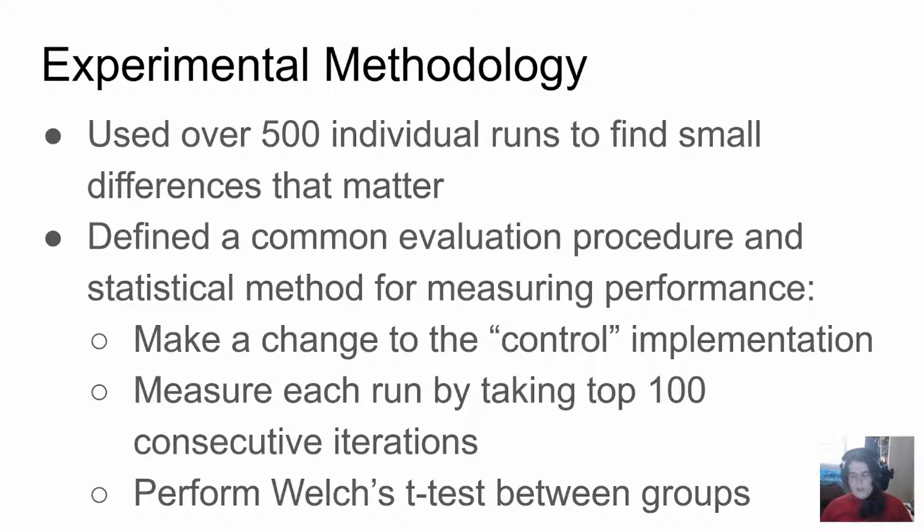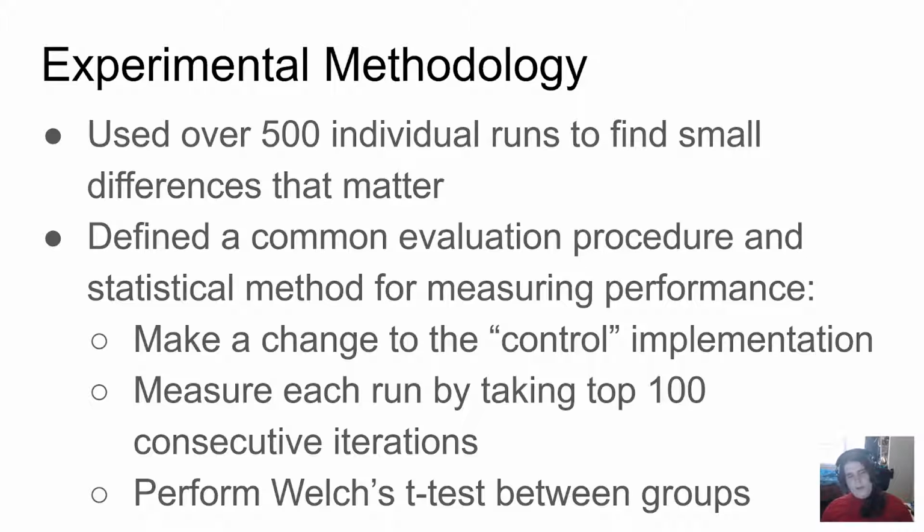In total, we end up using about 500 runs, and the general procedure we use for performing one of these experiments is we have an implementation of an algorithm that we think is fairly well tuned. It's been reviewed when possible by the original authors, and we've run tests to make sure it performs well in other basic benchmarks. We call it the control implementation.